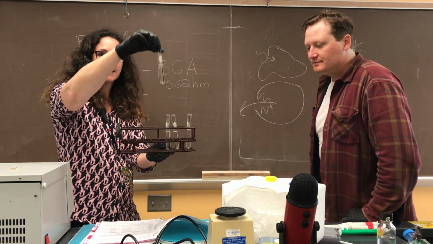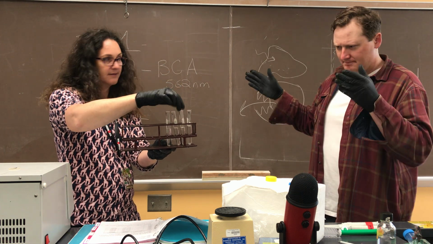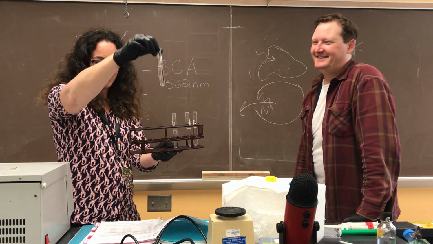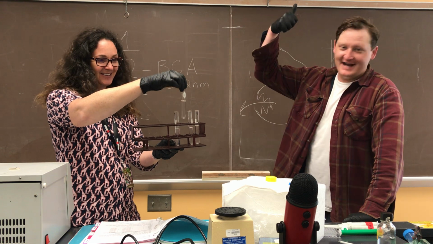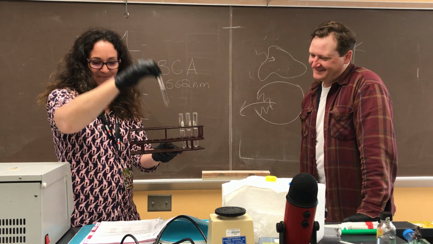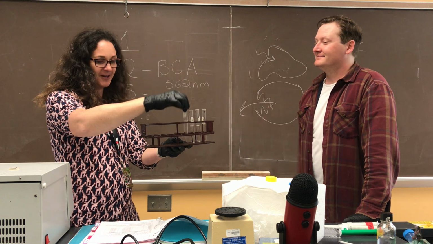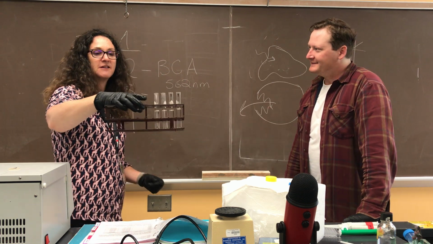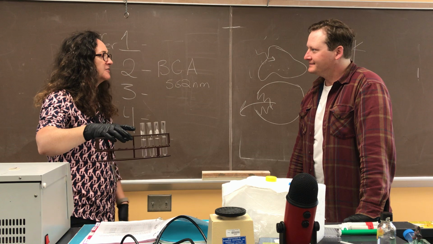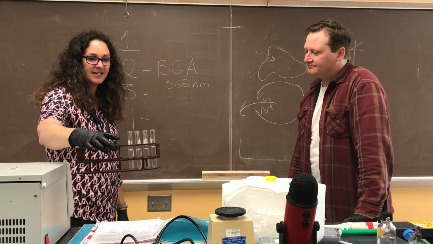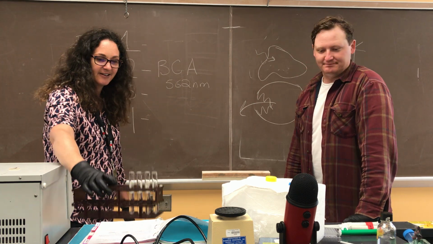Buffer number 2 is isotonic, same. Buffer number 3, hypertonic, higher. Okay. And buffer number 4 is isotonic with detergent. All right. So we're going to compare which of those solutions gives the best yield of protein extraction in E. coli. Perfect.